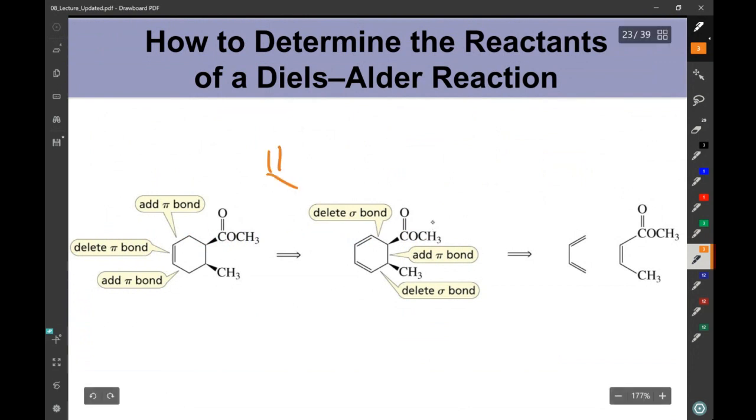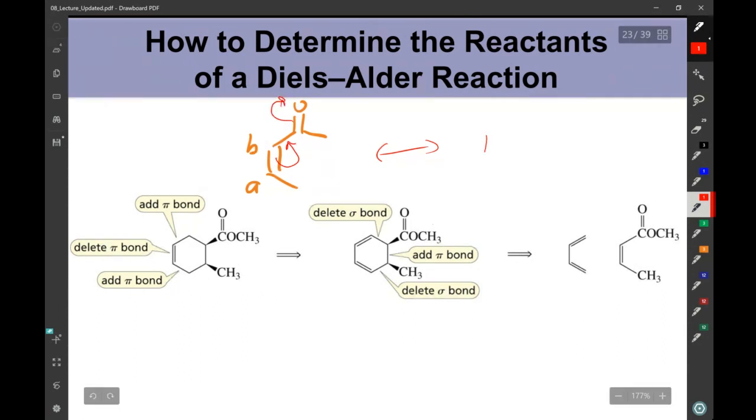For the first case where I decided to switch A and B, look at the way the diagonal file was drawn. I decided to call this one A and that one B for a particular reason. If we draw the resonance structure of this compound, this electron moves here and those electrons move over there.